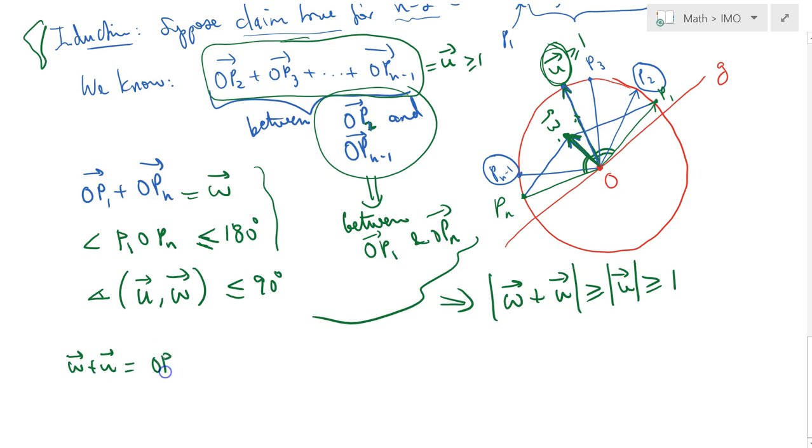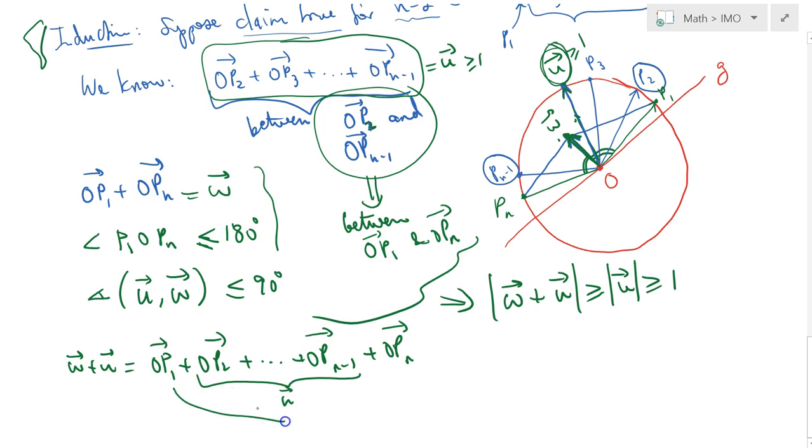And obviously W plus U is simply equal to OP1 plus OP2 all the way up to OP sub n minus 1 plus OPn. Notice here that the middle part is simply the vector U, and the first and last terms give W. So therefore this will give us W plus U, but this implies that the size of all this has to be greater than or equal to the size of U, which is greater than or equal to 1.